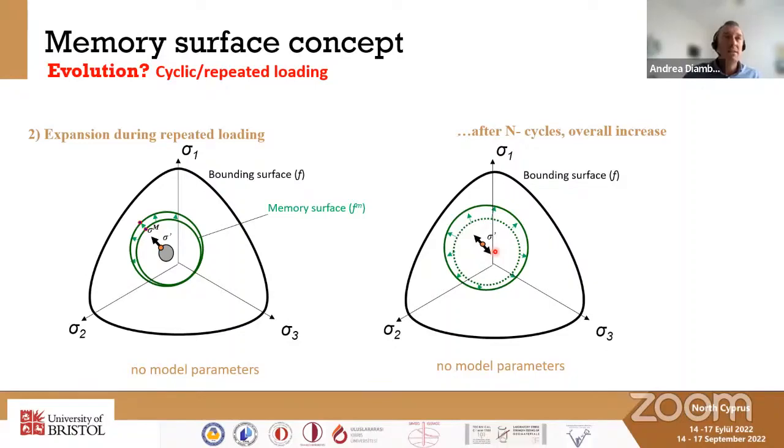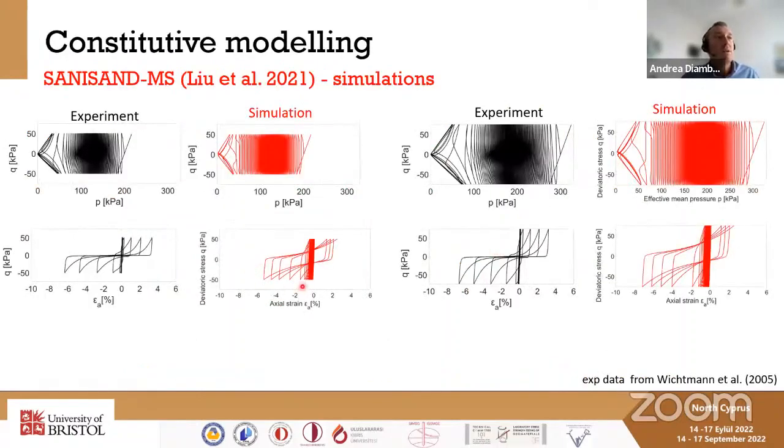And if you apply this simple rule with these two parameters, where only one needs to be calibrated, we can get this kind of behavior. You can see in the comparison between simulation and experiments this kind of accordion trend, where we have the cycles getting denser and then all of a sudden getting more space until we go to stability.